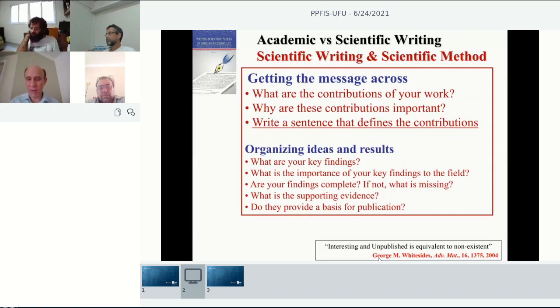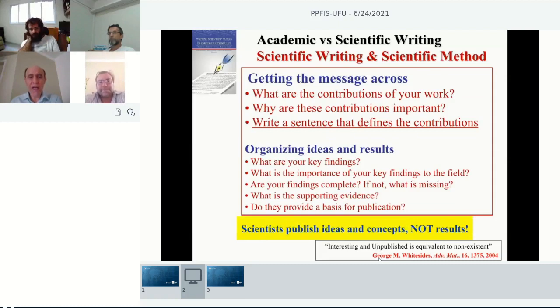Obviously, in most areas, perhaps for all of you in a physics department, or in a department like chemistry, medicine, engineering, or like in the work that I do, I cannot publish a paper just with ideas without results to support these ideas. But the important thing is that the ideas are the central part of the paper, ideas and concepts, not only results.